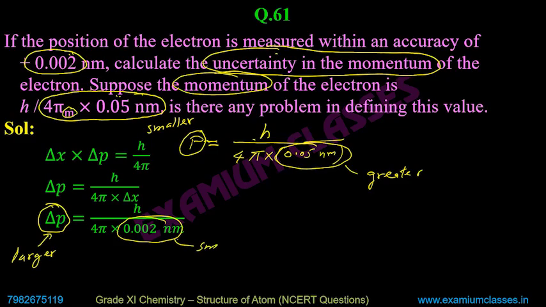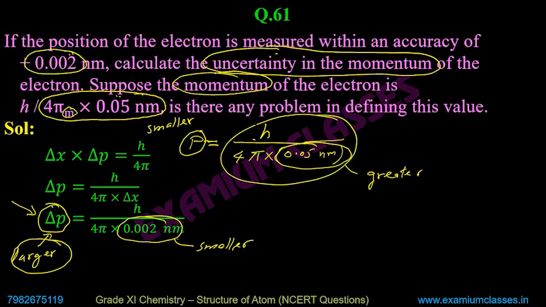So if the uncertainty is larger than the value itself, then there is no significance of defining it. It cannot be defined like that. It is something like, I am at a distance of 1 kilometer from my initial position, and the uncertainty is 10 kilometers.